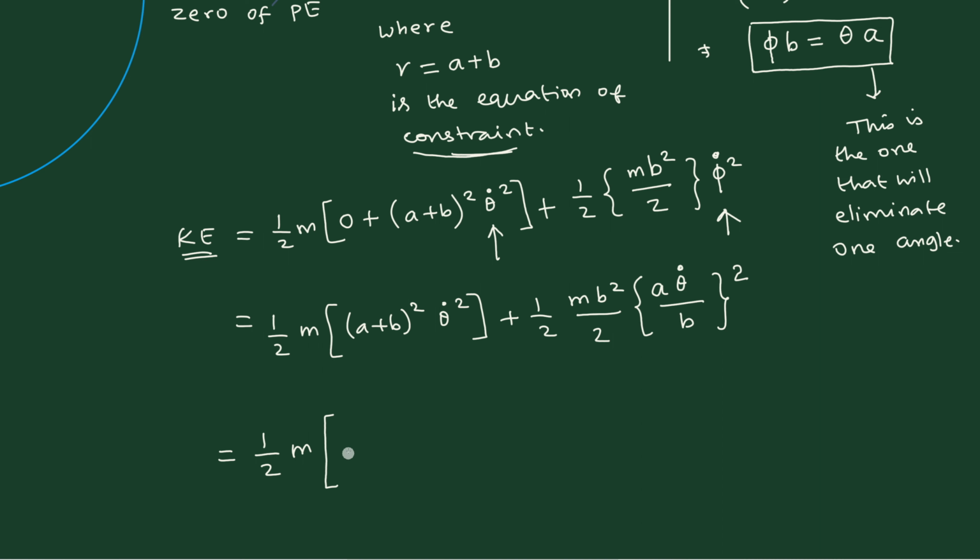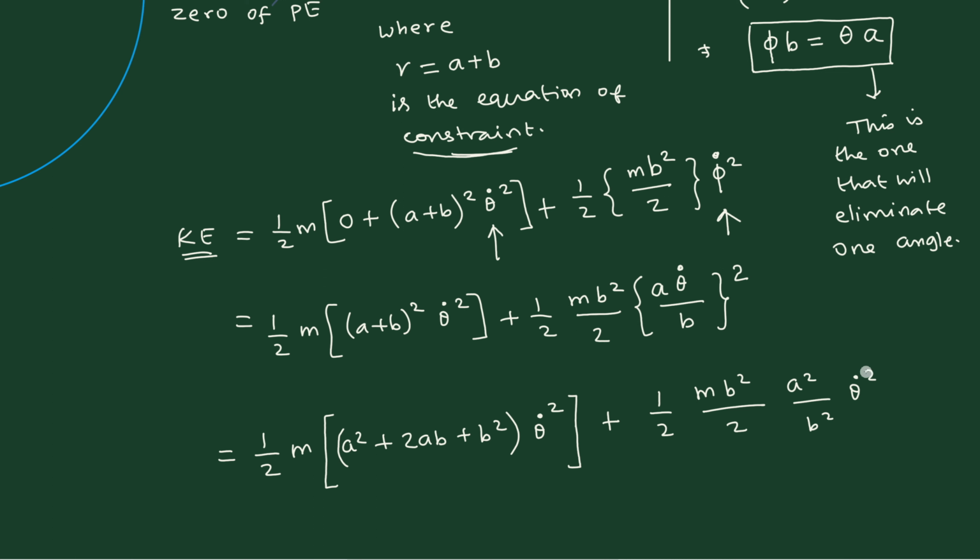So m into, let us expand this, I get a square plus 2ab plus b square, then multiplied by theta dot square. Then this one, let us simplify this. So this one I have to close bracket, right? Plus, let me write down like this, half m b square by 2 a square by b square theta dot square.